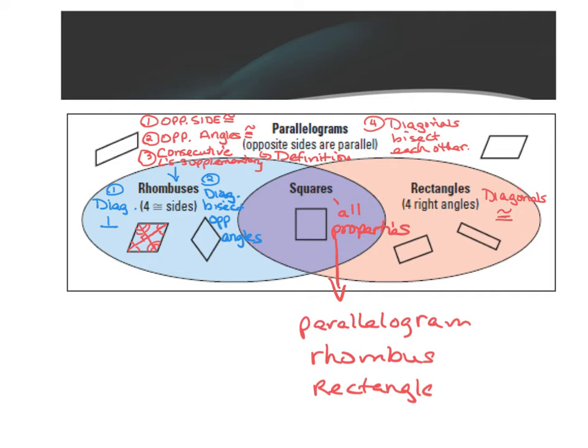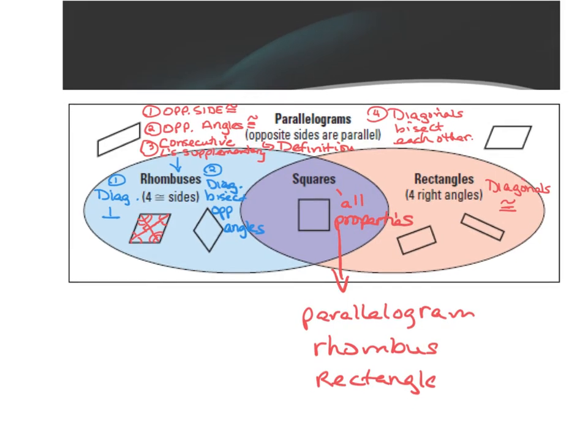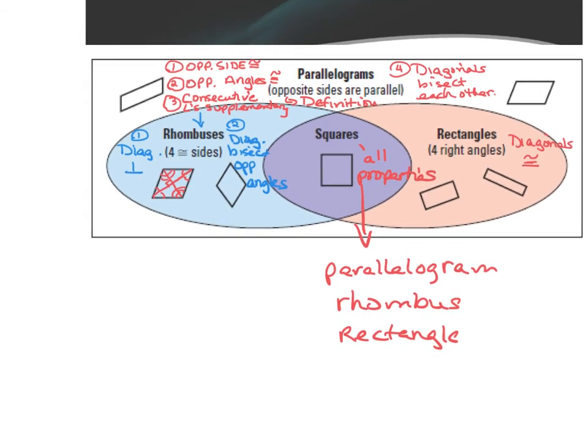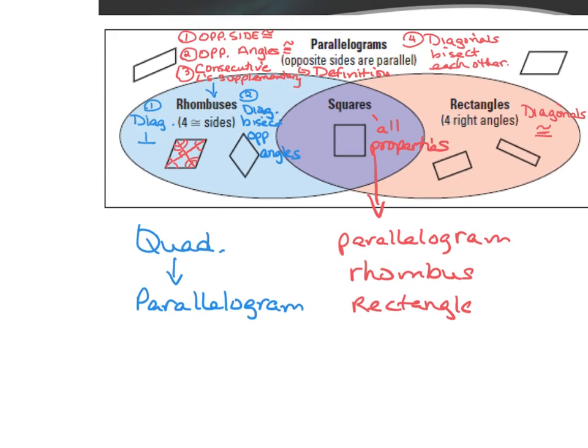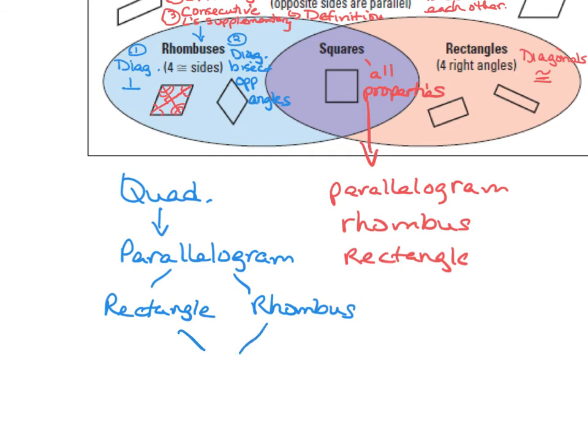So all of these properties are going to trickle down. For example, if you want to see it like in a flow chart, the main name here is quadrilateral, and then from there it'll branch to parallelogram. And then the parallelogram can branch to either a rectangle or a rhombus. But the square has both of these.